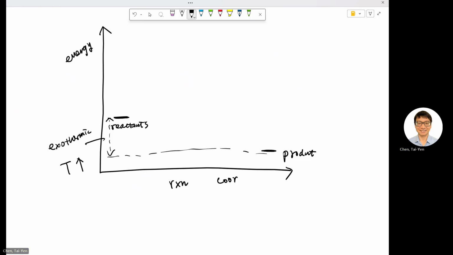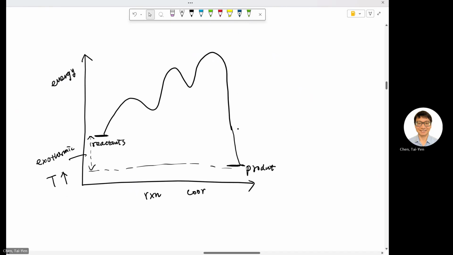Okay, then you're going to see something like this. And I want to make it even more complicated, or more general.